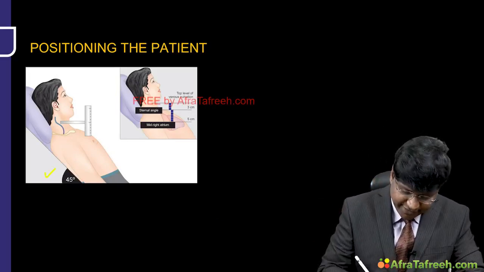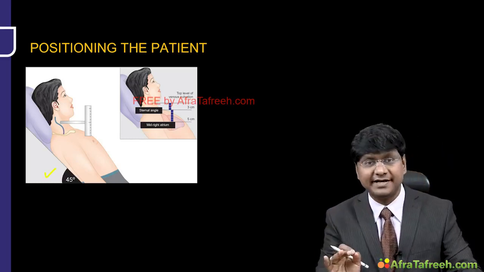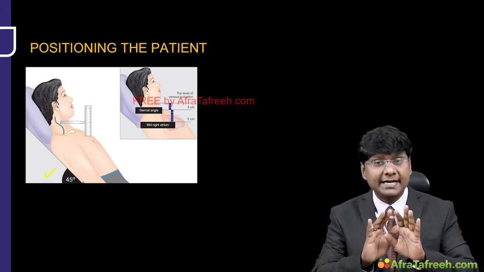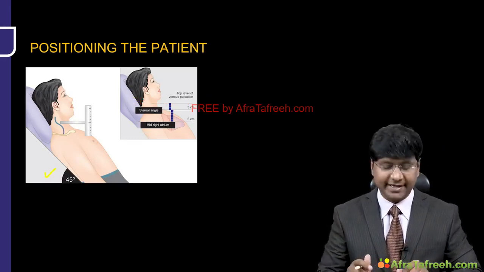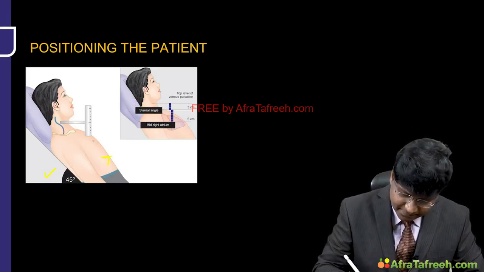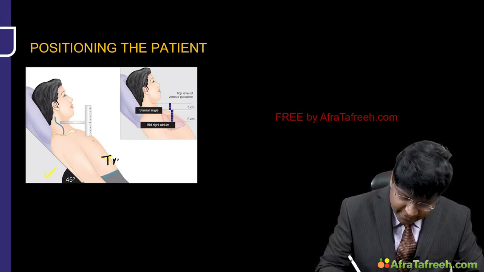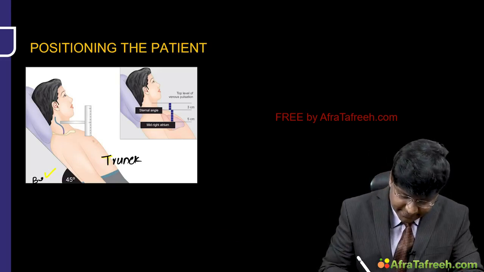The position of the individual should be with the head end inclined 45 degrees. The patient should be lying comfortably in a semi-reclining position with 45 degrees between the trunk and the bed.